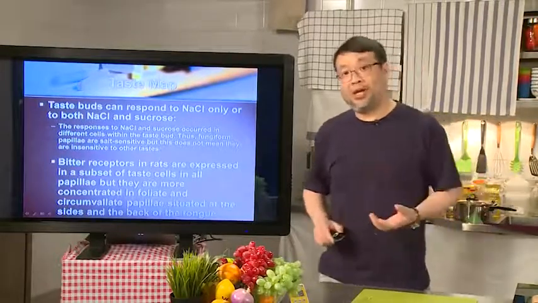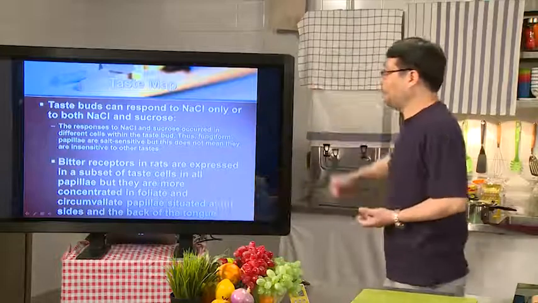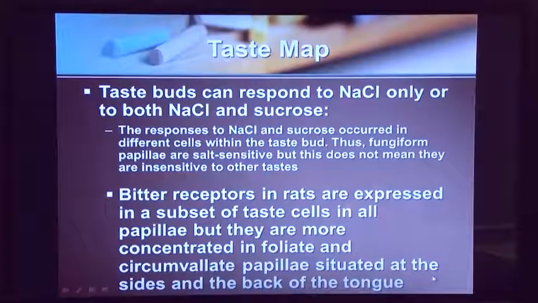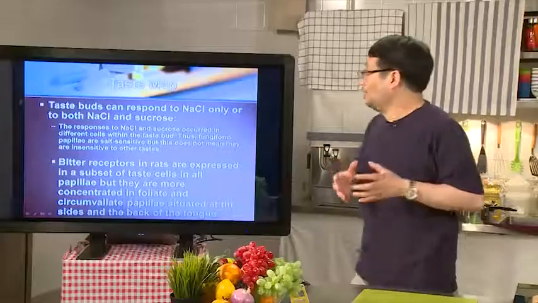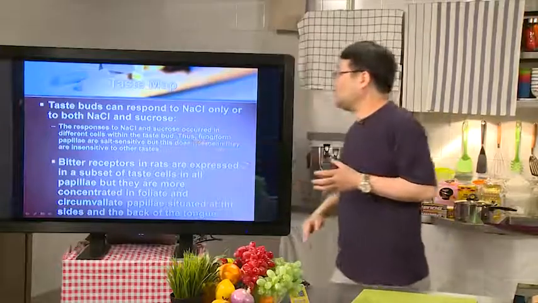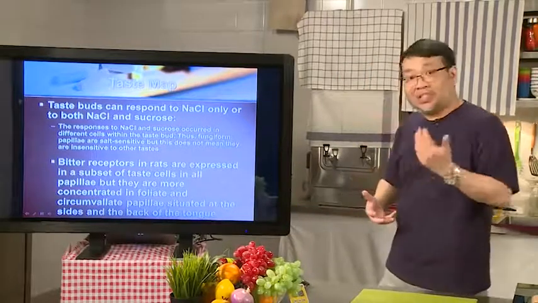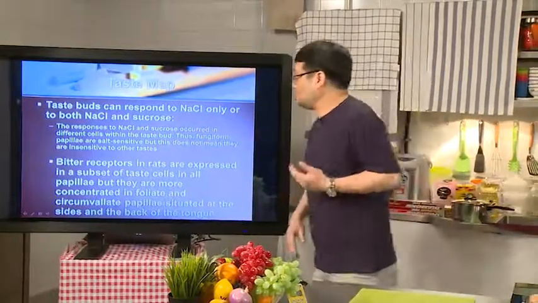So let me put it into some examples. For example, can the taste bud sense sodium chloride only, or can we sense both sodium chloride and sucrose? We find that within the same taste bud, there are different sensory cells. Some of the sensory cells can sense sodium chloride, but some can also sense sucrose.